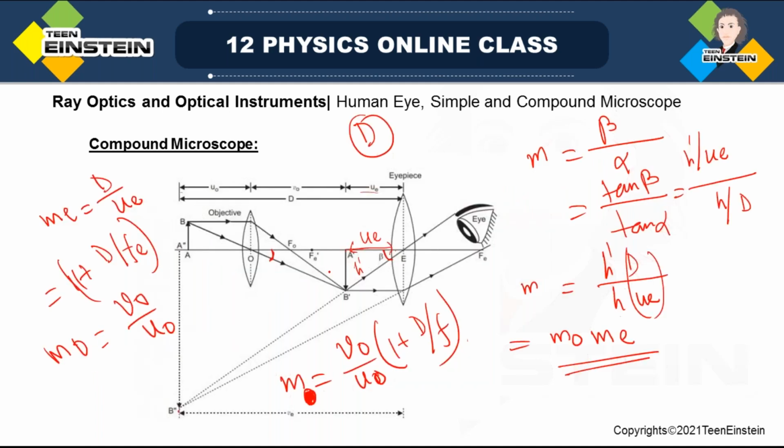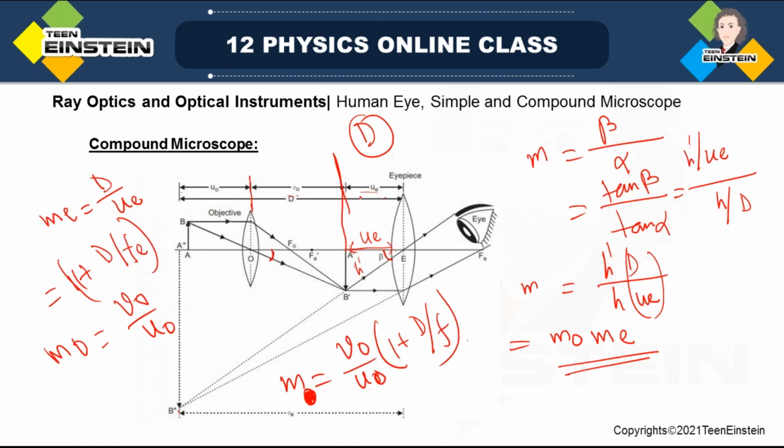Look here, I have vo. Vo is actually the length of the microscope, or the distance between the two lenses.